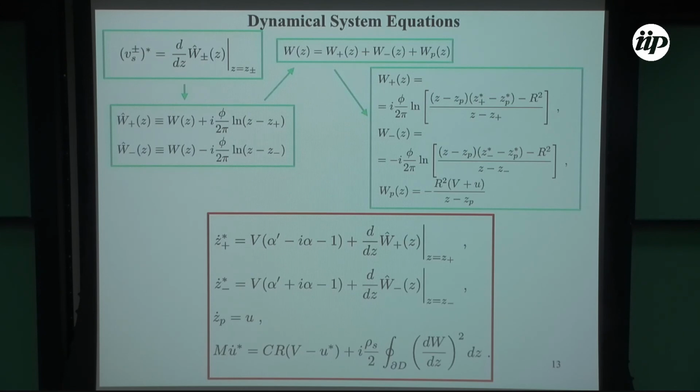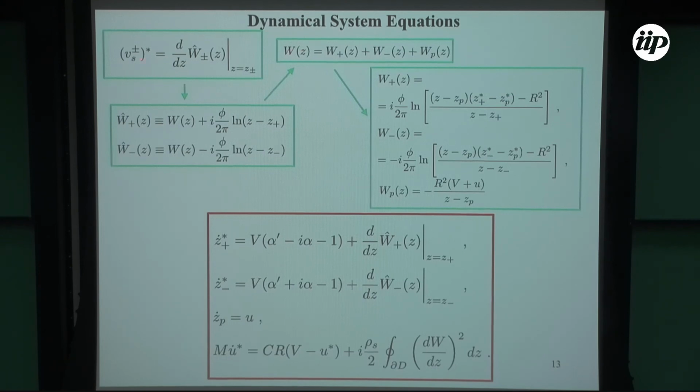This is standard fluid dynamics in two dimensions. You can introduce a complex potential, W, which has to do with the complex potential generated by the positive vortex, the negative vortex, and the particle. Since the particle deforms the superfluid flow, you have this complete complex potential.